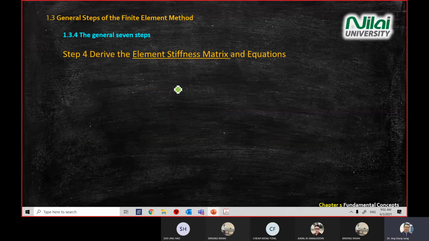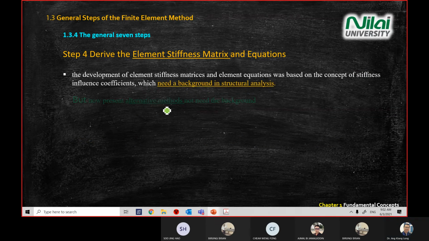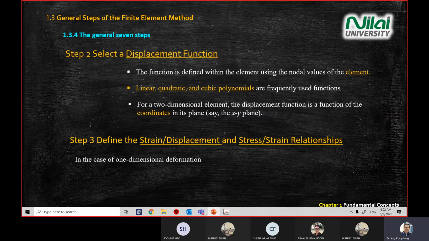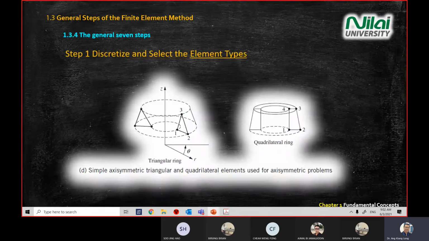Okay, step number 4, you solve the matrix equation. So you have 3 methods again. You have direct, energy method, and weighted method. So we will look into these steps again. Step number 4 is on matrix. Step 1, you break into small pieces.